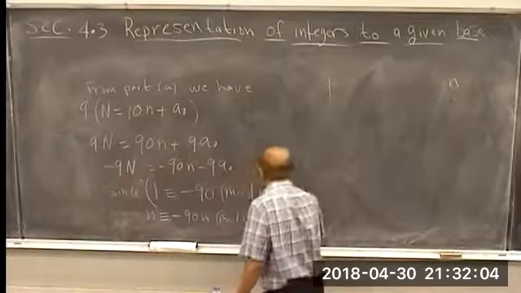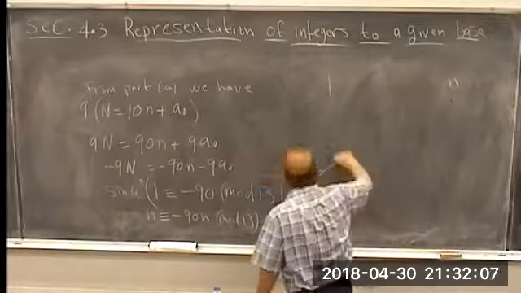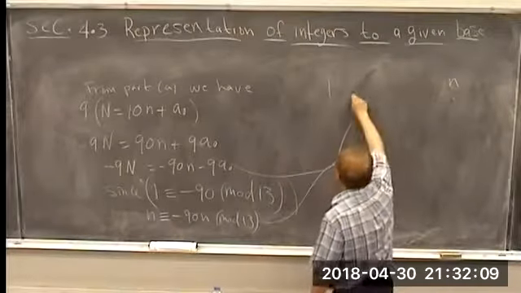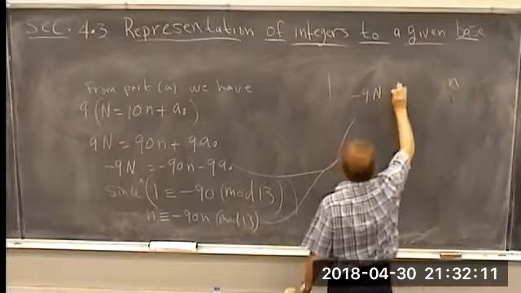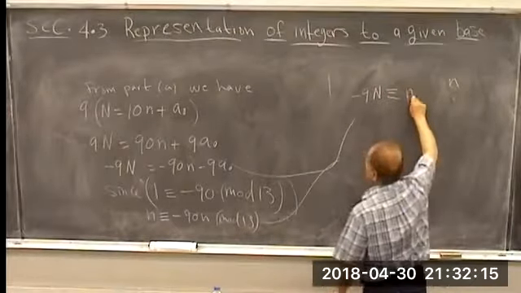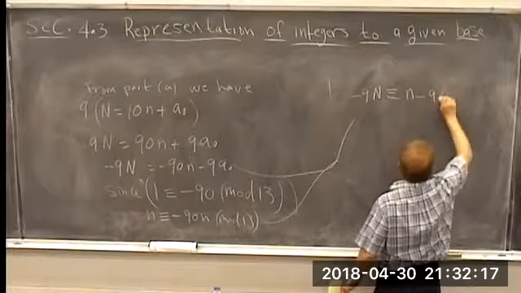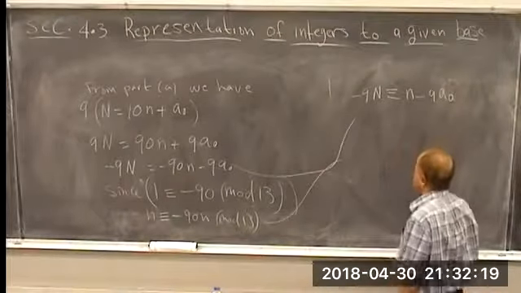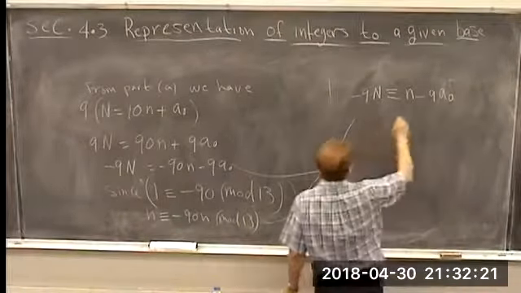So from here and here, we have minus 9n is congruent to n minus 9a_0, mod 13.